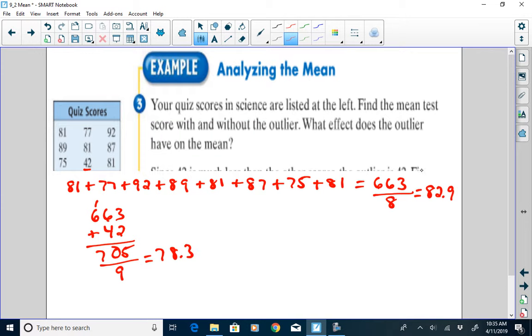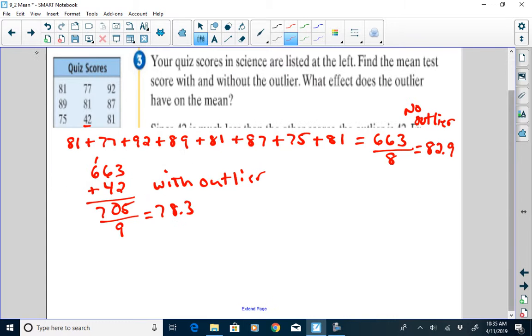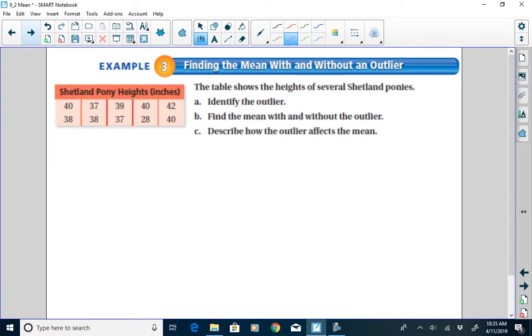So the mean with the outlier is 78.3. The mean without the outlier is 82.9. So we see that the outlier, because it's lower than all of the other values, decreases the mean of the data. Okay, let's continue.